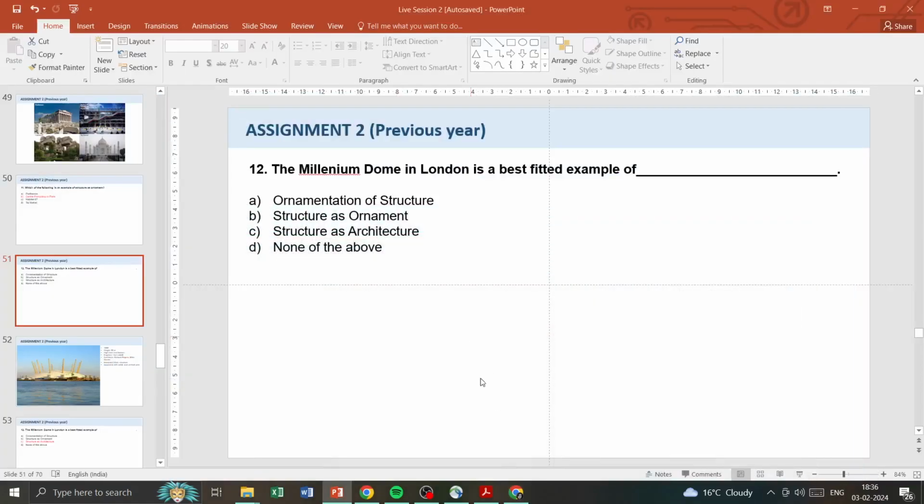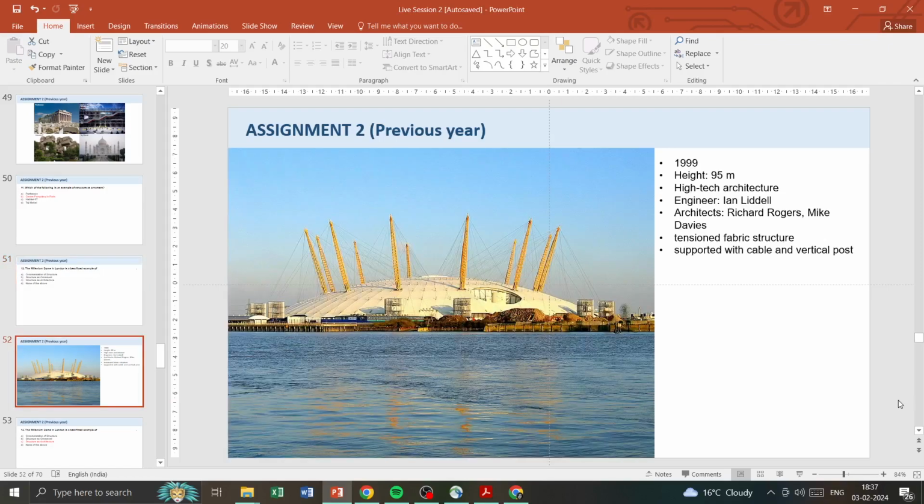Then structure as ornament, which means that the structure is being used as an aesthetic element in the architecture. Then structure as architecture, which means that the entire building is just a structure and there are no other elements involved. When you look at the Millennium Dome, it's actually a tension fabric structure, a cable tension structure, which means there are vertical posts that hold the fabric by tension cables.